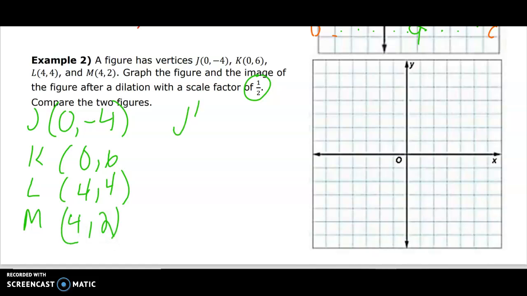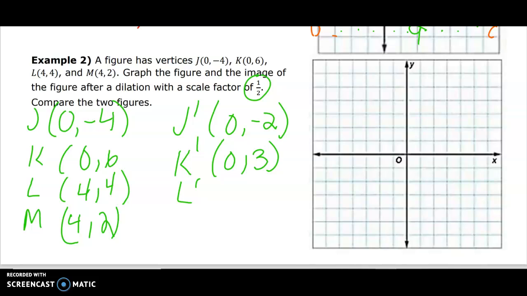And J prime, 0 times 1/2 is 0, half of negative 4 is negative 2. K prime, half of 0 is 0, half of 6 is 3. L prime, half of 4 is 2, half of 4 is 2. M prime, half of 4 is 2, half of 2 is 1.